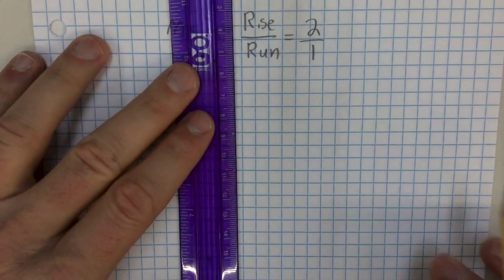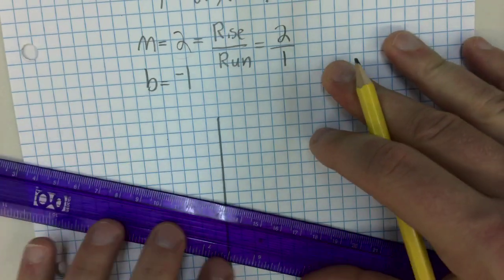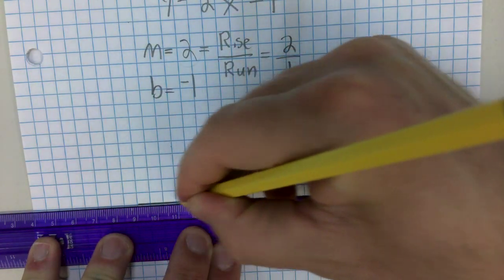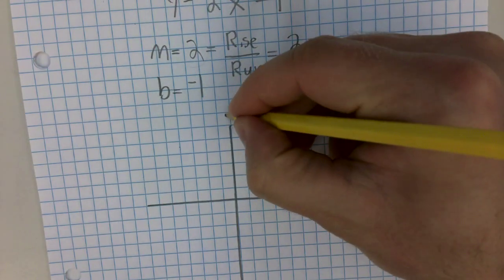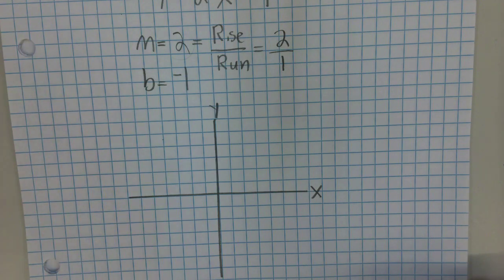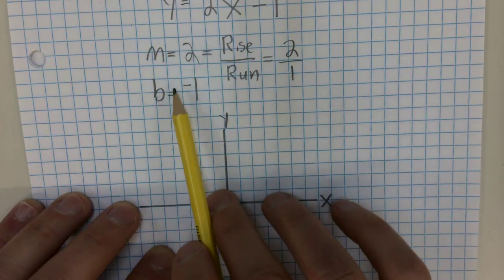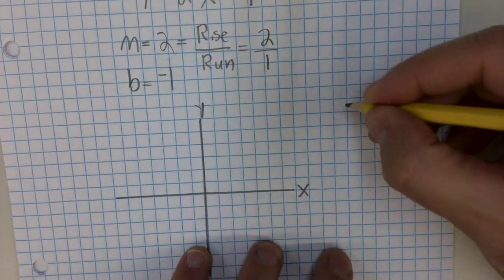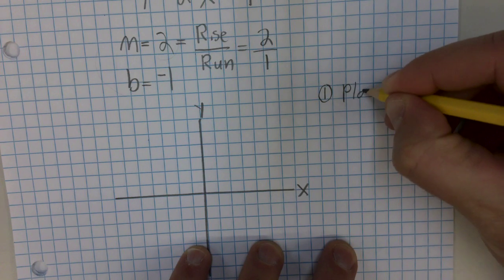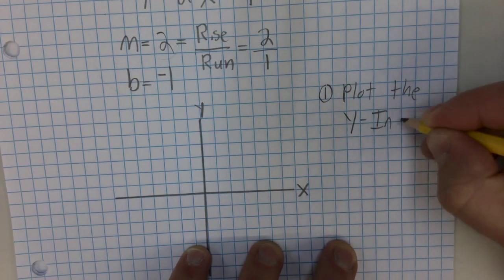Let's start out with a coordinate plane. Remember, this is the y-axis, this is the x-axis. And like I said, all the information we need is right here. But we're going to use this information in a specific order. And that specific order is, the first thing we're going to do is plot the y-intercept.